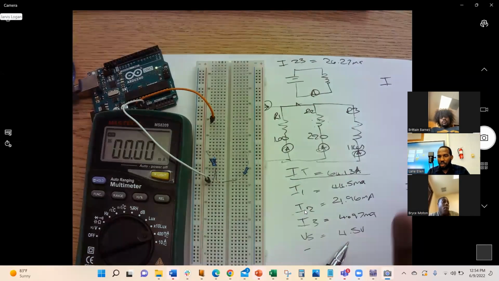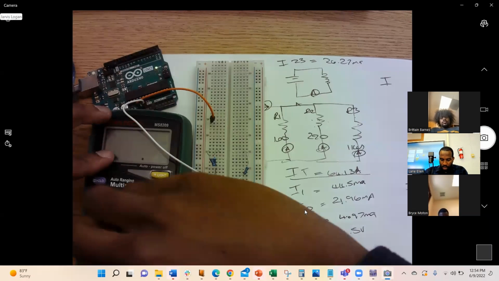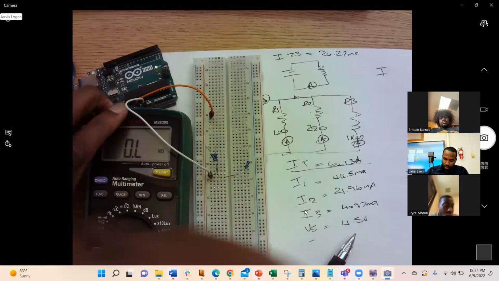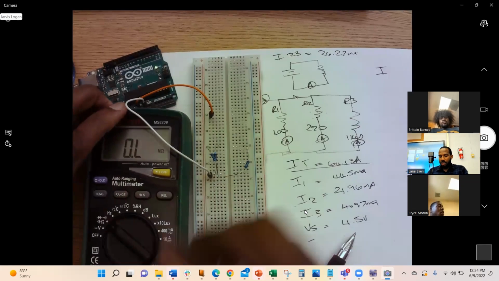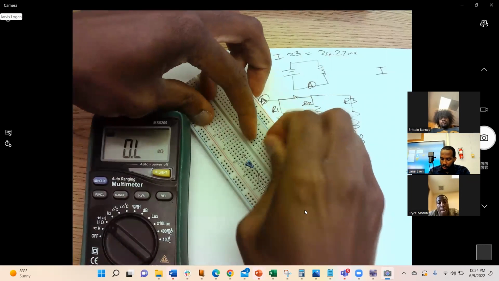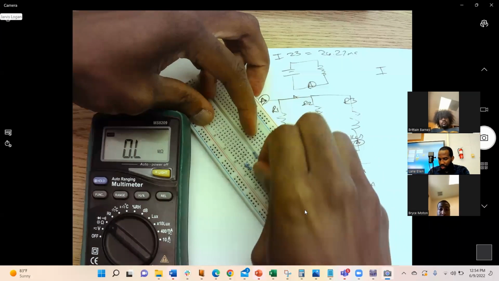One thing I forgot to do was to measure the total series resistance and the total parallel resistance. So I'll do that now. We don't need any power to measure resistance. So we simply put the components in parallel and we measure the resistance.